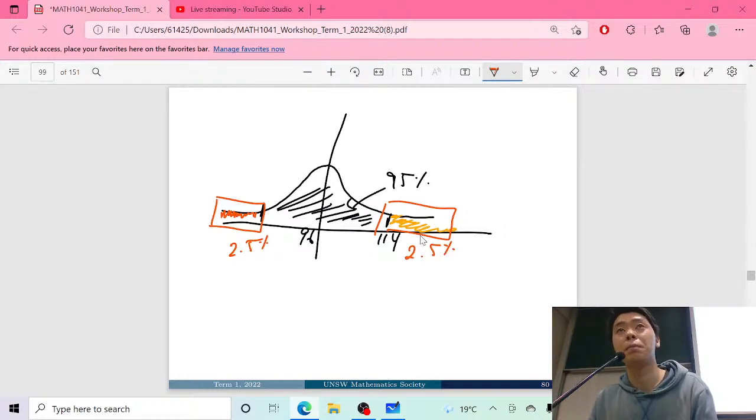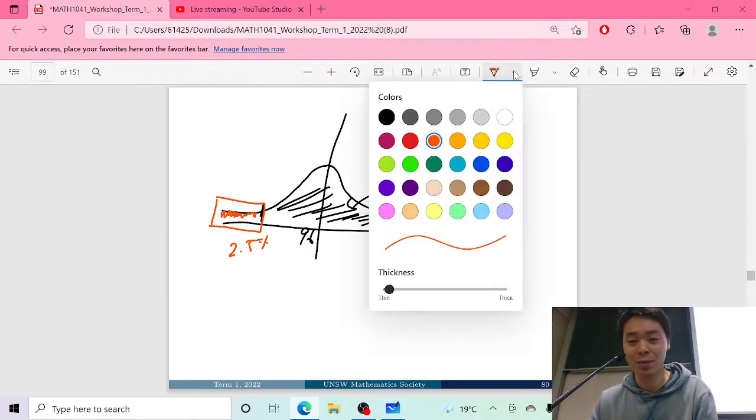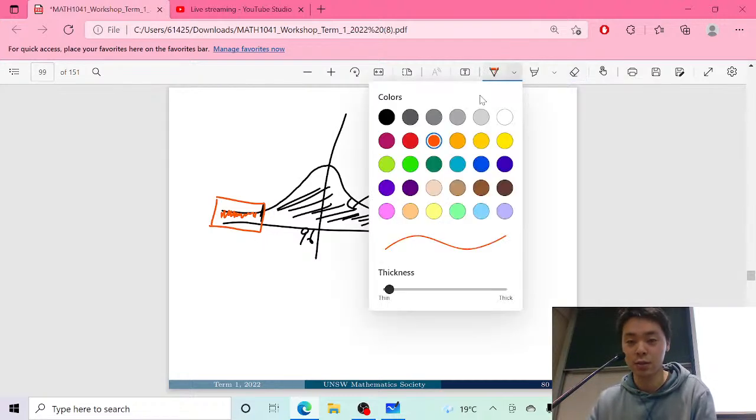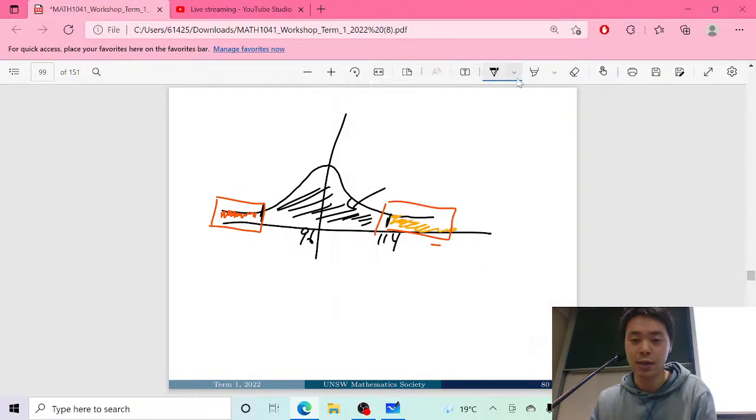Oh, yeah, sorry. It's 99.7. My bad. We are 3 standard deviations, not 2. Okay, yeah. So this is 99.7%. So the sum of these tails is going to be 0.3%.